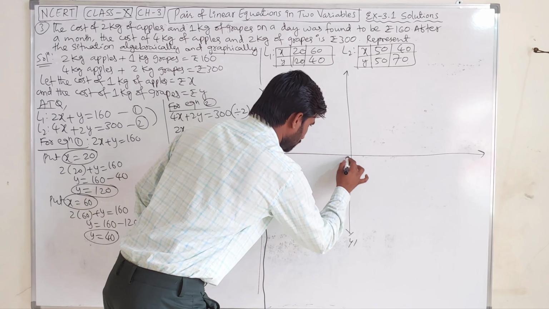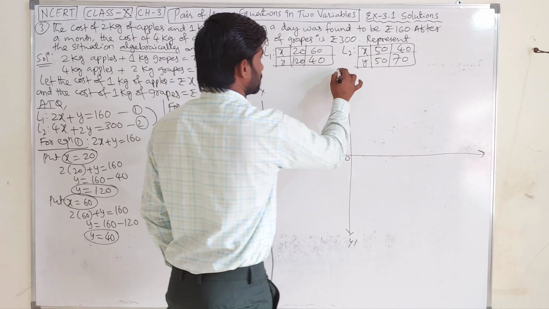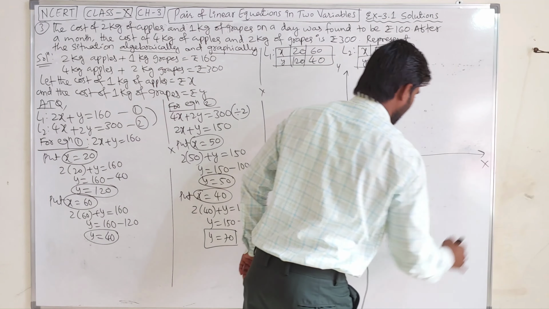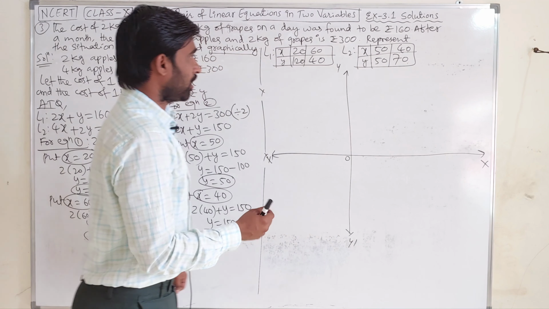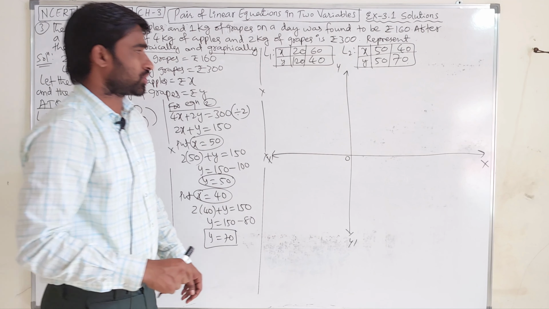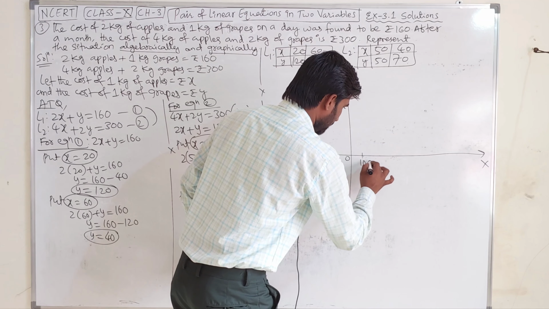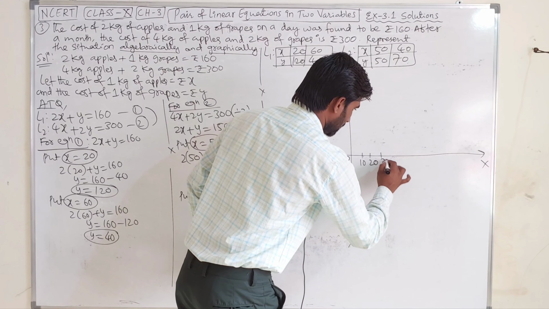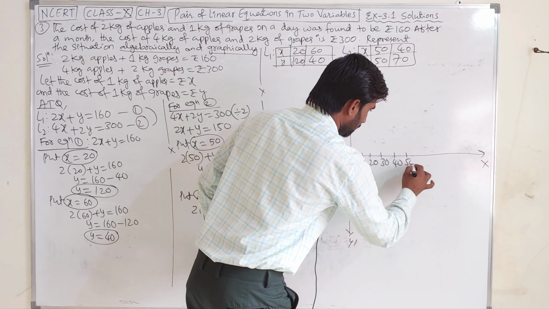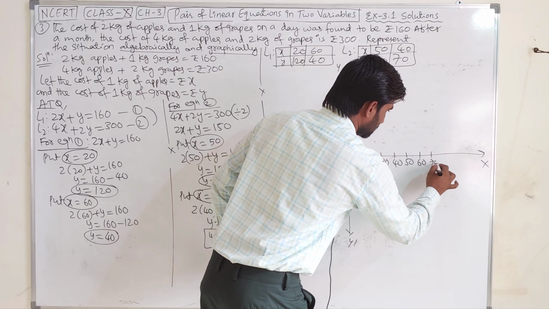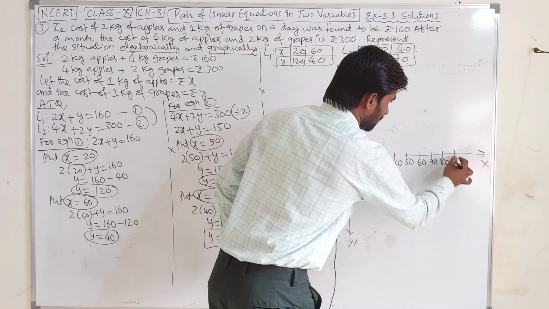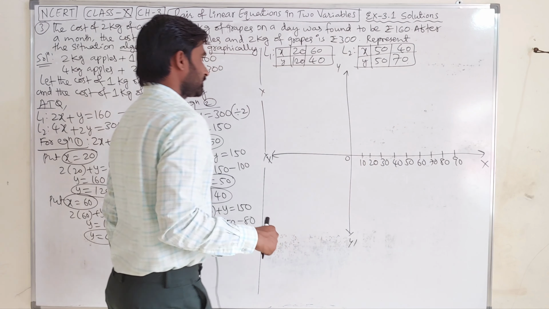Y dash, origin, x dash, y, x axis. So here all the numbers are multiples of 10. So we will take 1 unit equal to 10. So 10, 20, 30, 40, 50, 60, 70, 80, 90 and it goes on.